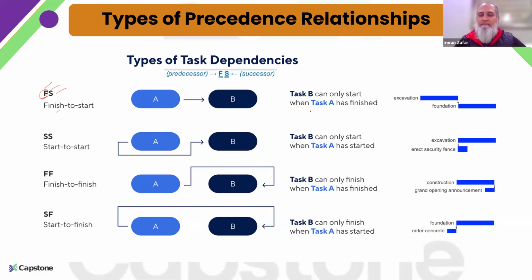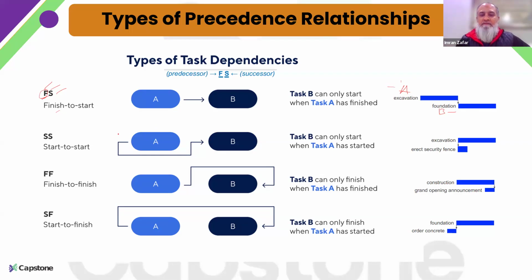This is my task A and this is my task B. Another example: you are baking a cake, so you cannot start decorating the cake, which is activity B, unless you have baked it, which is activity A. So this is finish to start.